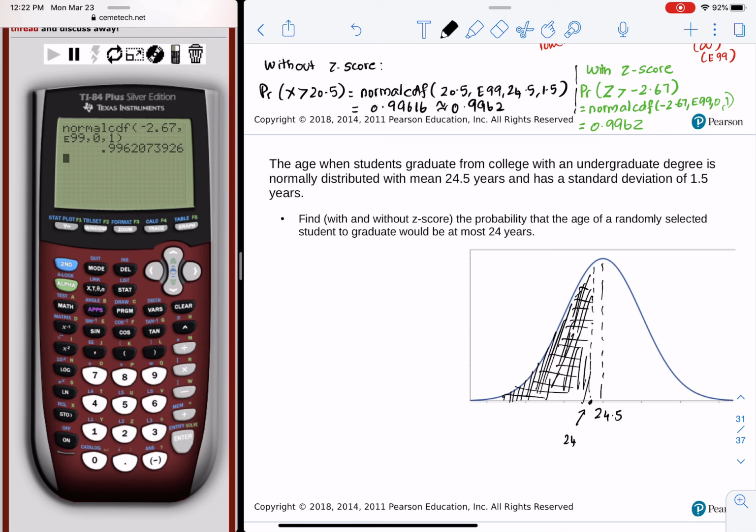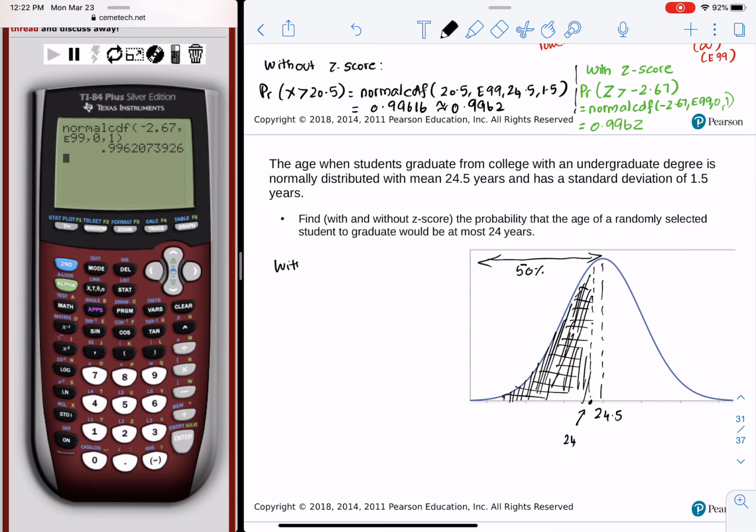Even before you start the problem, we know that the area below the median, which is 24.5, which is also the mean and the mode for a normal distribution, is 50%. So 24 is very close to 24.5. So one can reasonably assume that the answer is going to be close to 50%. Let's see if we get that.